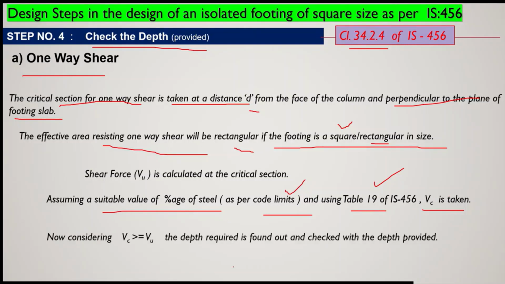Now this VC must be greater than or equal to VU. So depth required is found out by using this formula. We can find out the depth required and check with the depth which we have provided. So by applying the one-way shear check, we can find out how much is the depth required, and then we can compare it with the depth we have already provided.